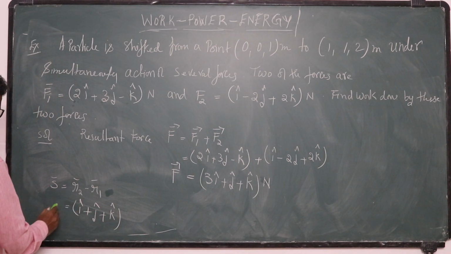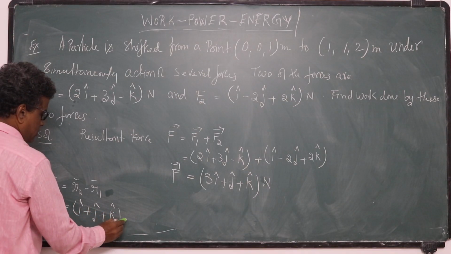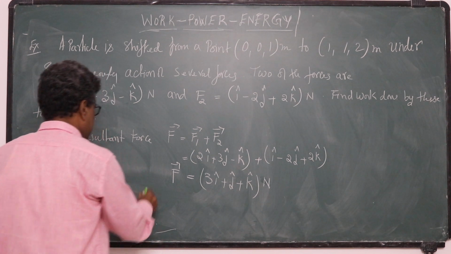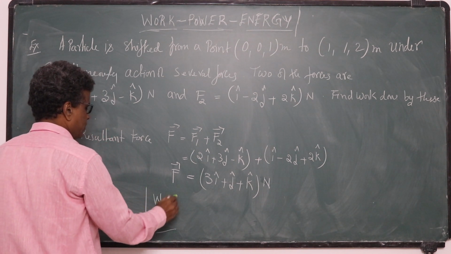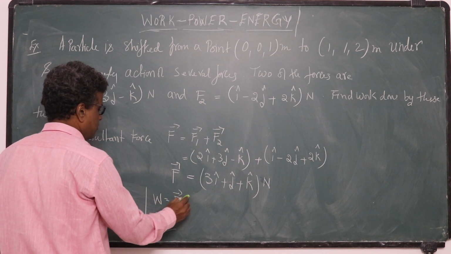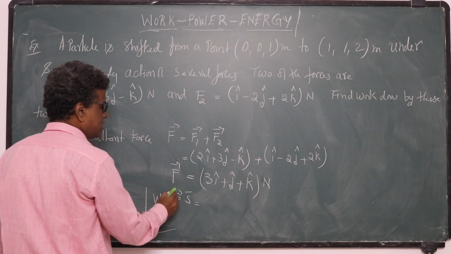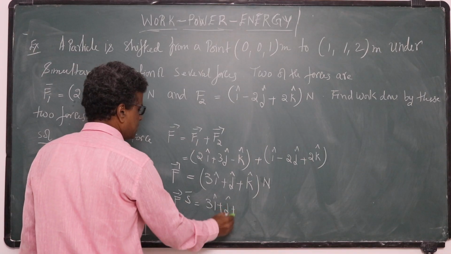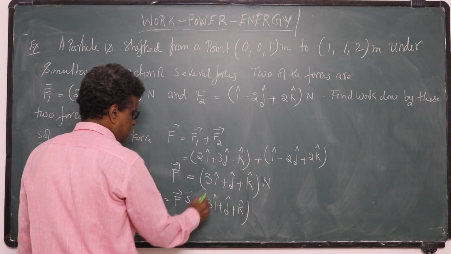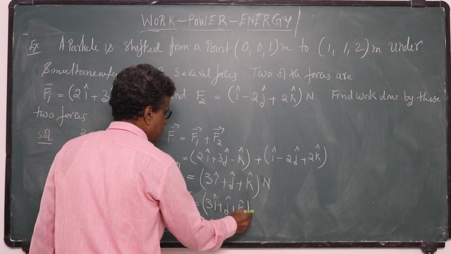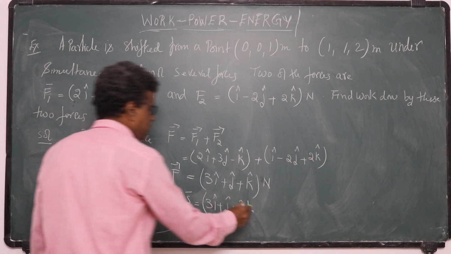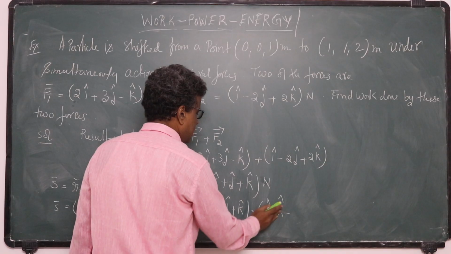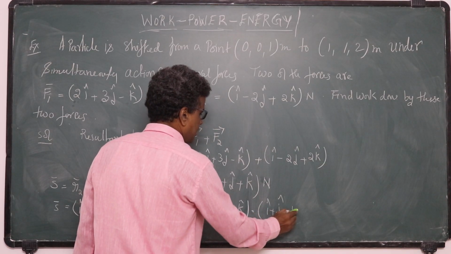So this is the displacement vector, in meters. I want work done, which is given by the formula F bar dot S bar. What is F bar? 3 I cap plus j cap plus k cap. This is the resultant force. Dot S bar, which is I cap plus j cap plus k cap.